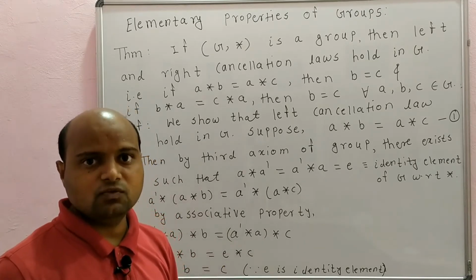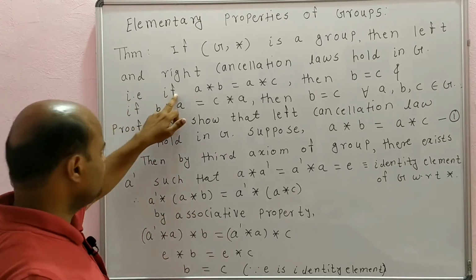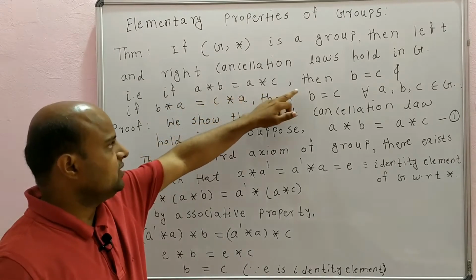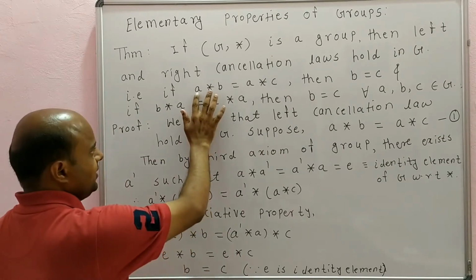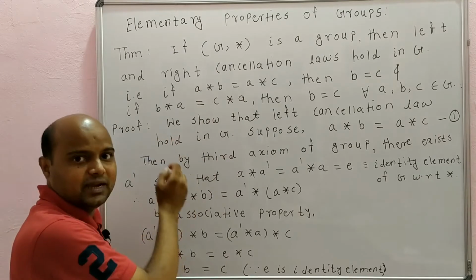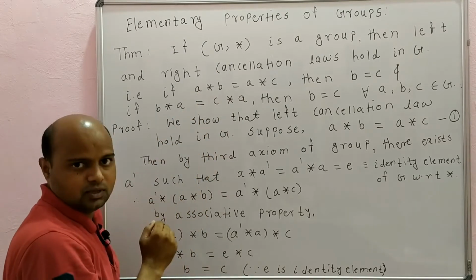Firstly, we will see what the left cancellation law is. If A star B is equal to A star C, then B equals C. It means we can cancel A from both sides from the left-hand side. Therefore it is called the left cancellation law.